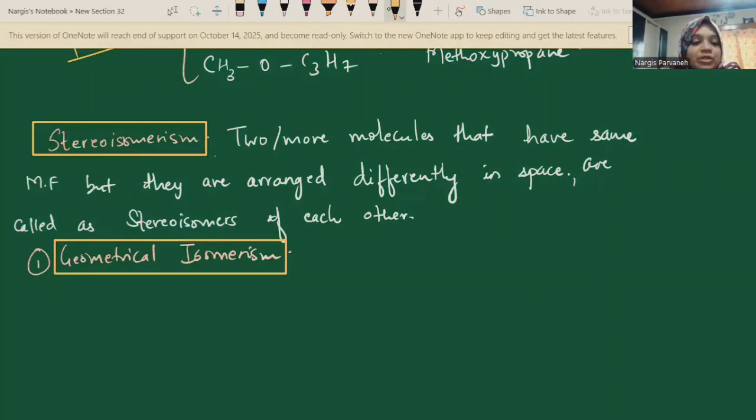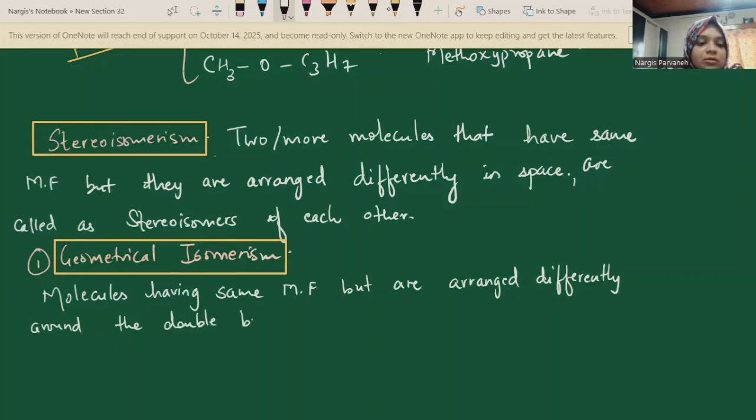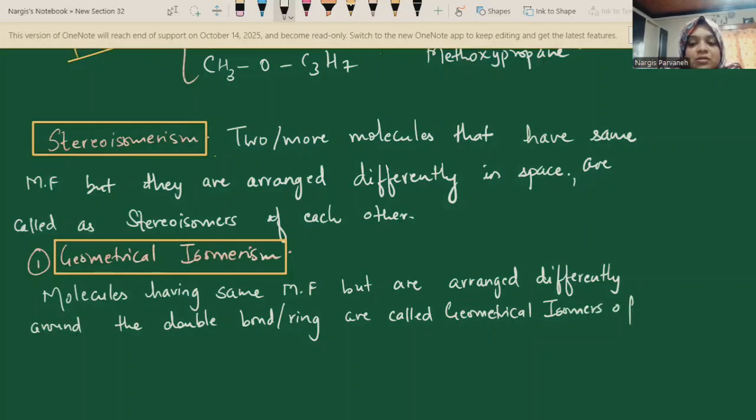Okay, so the definition is molecules having same molecular formula but are arranged differently around the double bond or ring are called geometrical isomers of each other.